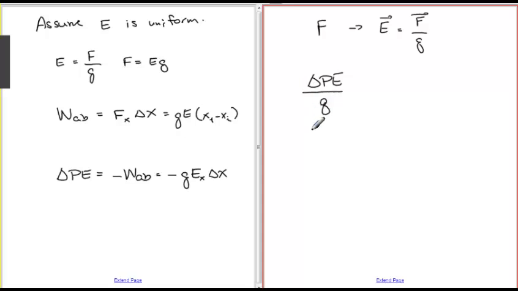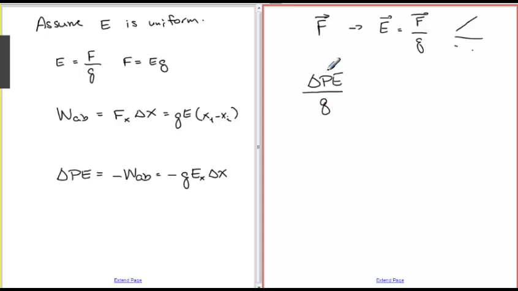When we were dealing with forces, we were able to create this concept of an electric field that allowed us to draw electric field lines and visualize what was going on.